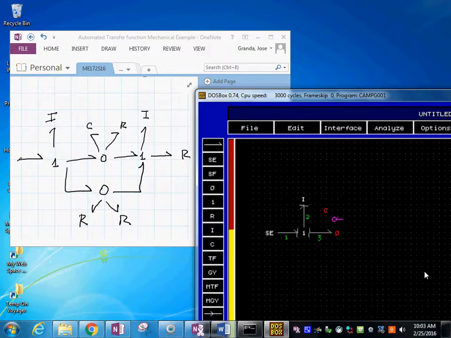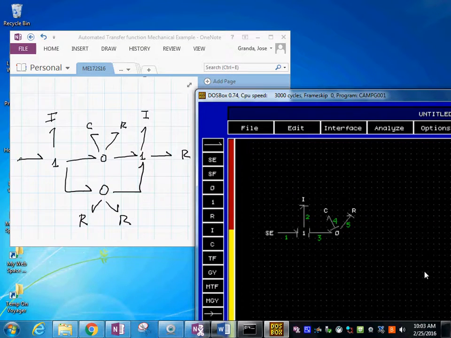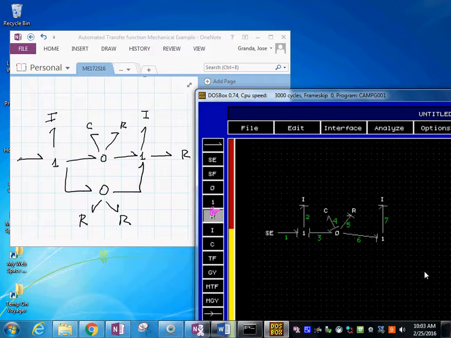Then you have the 0 over here, and then you go from here to here, and from here to here, and then we have these 2 R elements in here that go from here to here. The other R here.